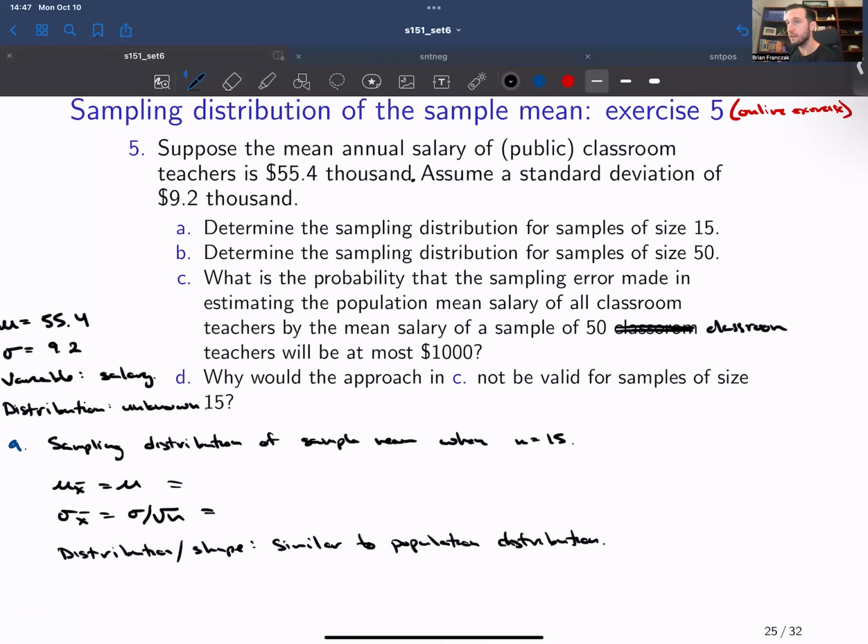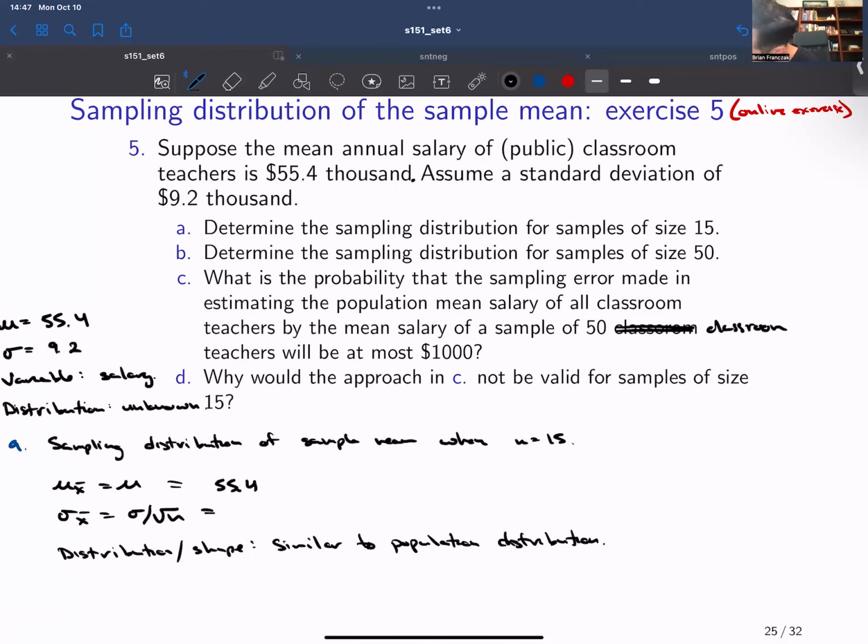For example, if the population distribution is right skewed, then this sampling distribution when n is 15 will be most likely right skewed, but not as skewed as the population.